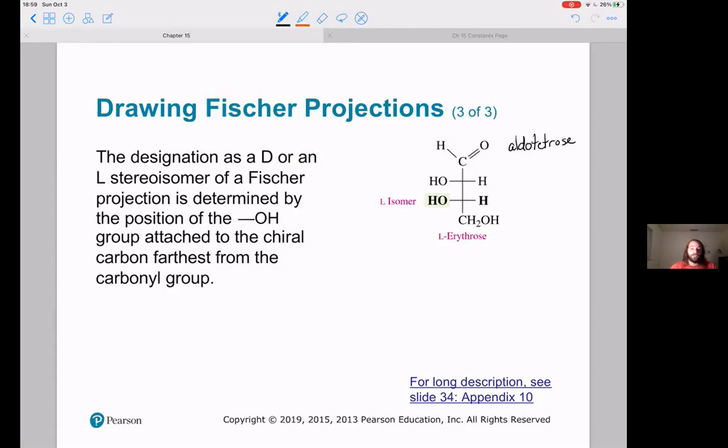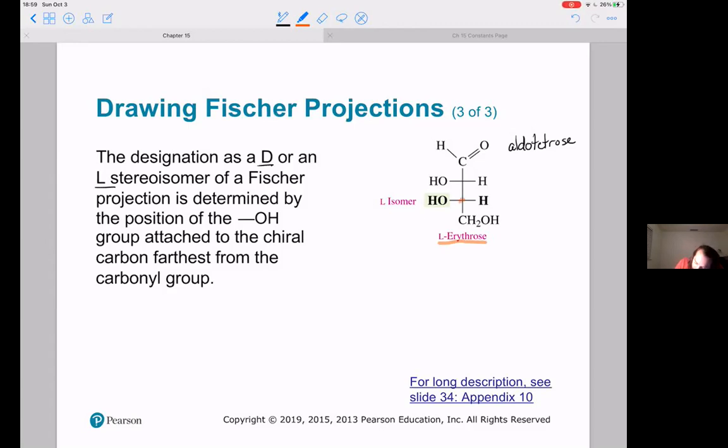So here we have this structure. This is how we classify enantiomers of a particular sugar, as either D or L stereoisomers. So this is L erythrose. How do we determine whether it's D or L?